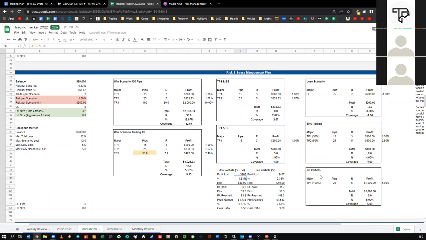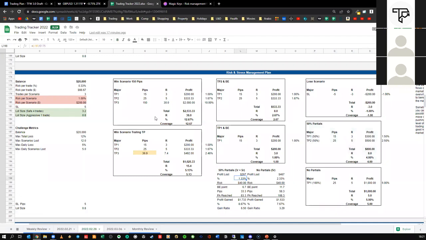You may say, actually, I'm happy with that. And that's your personal choice. This is not me saying this is the only way you should do it, but that's your personal choice. But what are you gaining from that? You're leaving 1.33% on the table.